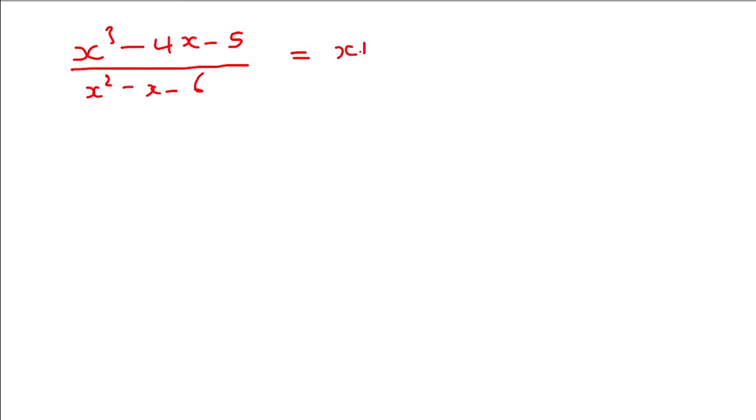So it means our fraction x cubed minus 4x minus 5 over x squared minus x minus 6 is equal to the x plus 1 we got after long division plus the 1 over x plus 2 plus 2 over x minus 3.